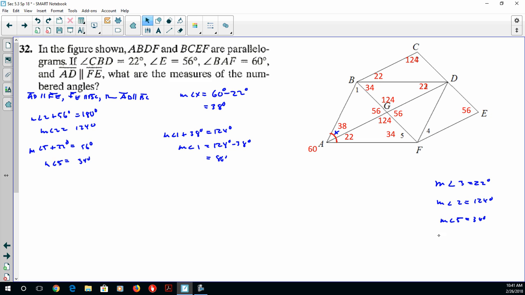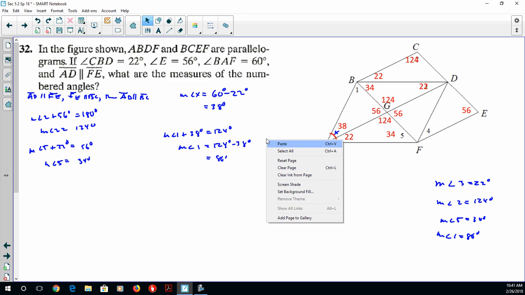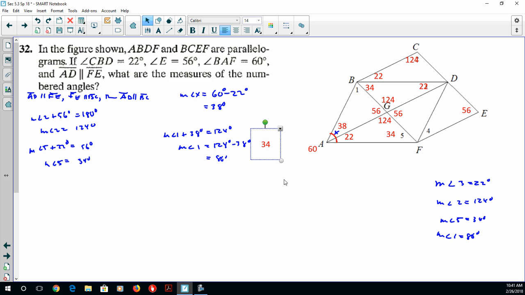Goes there. And now to get angle 4, let's see, what do we want to do here? Wrong one. That's 38. Okay.